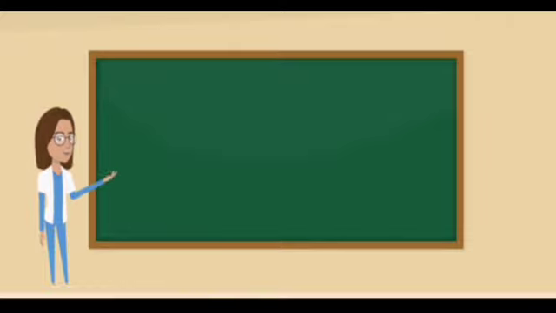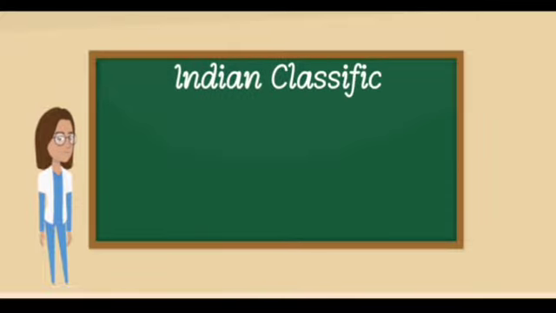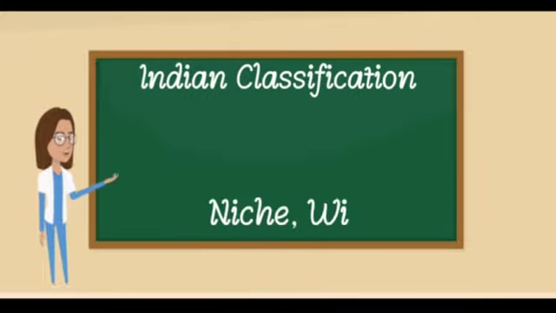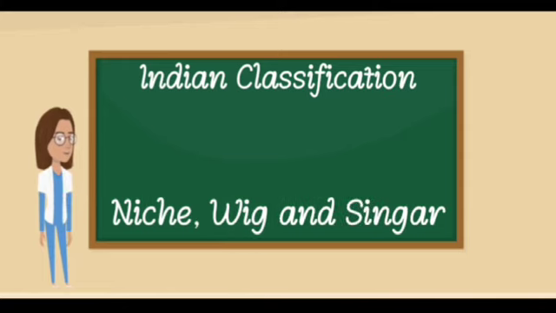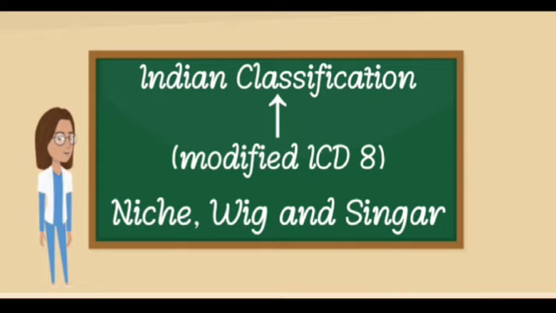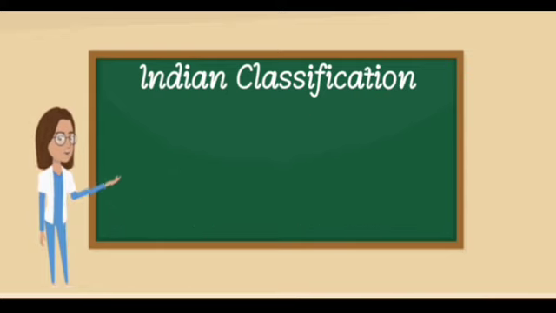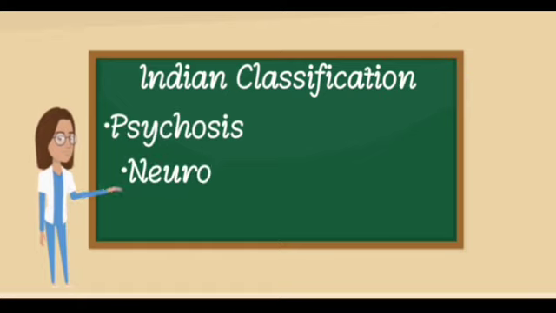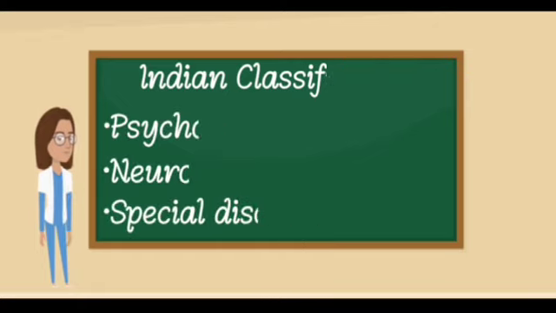Now we will talk about the Indian classification. In India, Nicki, Wig and Singer attempted some modifications of ICD-8 to suit Indian conditions. And they are broadly grouped in 3 main classes: psychosis, neurosis and special disorders.